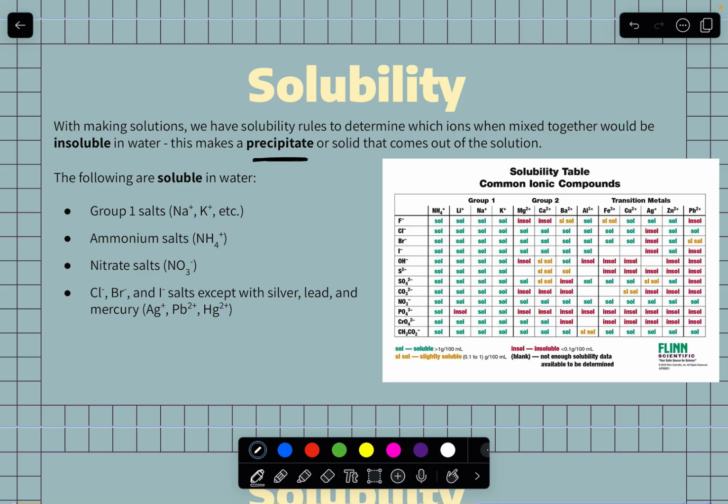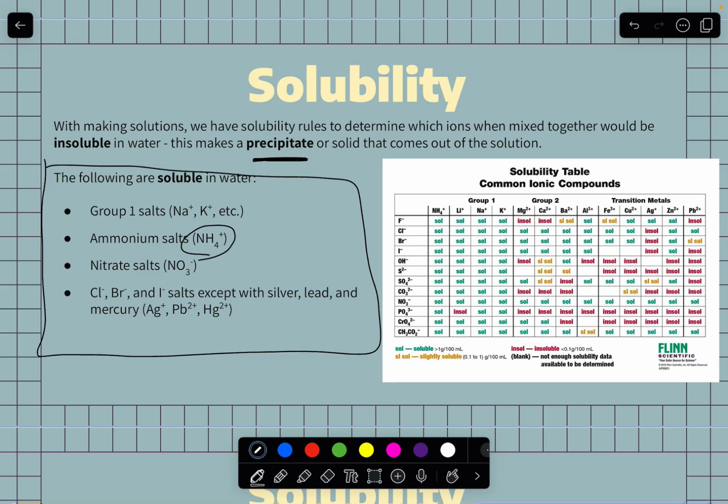Okay. These solubility rules here are what you need to know for AP, right? Your group 1 salts, so Na, lithium, potassium, rubidium, all those group 1 salts are soluble in water. They will dissolve in water. Anything with ammonium, NH4, is soluble. Anything with nitrate, NO3, will also dissolve.